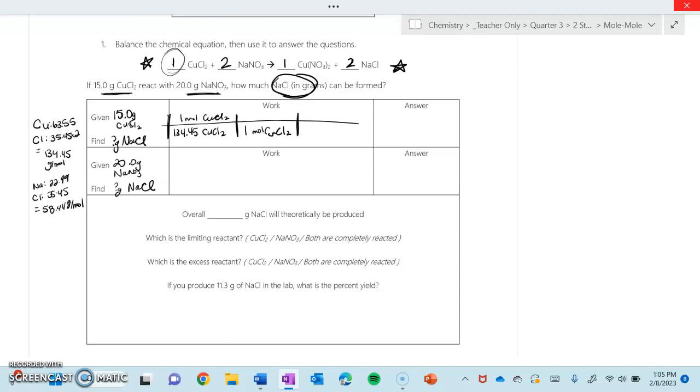And what we're finding is NaCl, which is represented with a 2 here. Again, for the mole ratio step, we use coefficients. And now we're ready for our last step, using the molar mass of salt, which we calculated to be 58.44 grams.